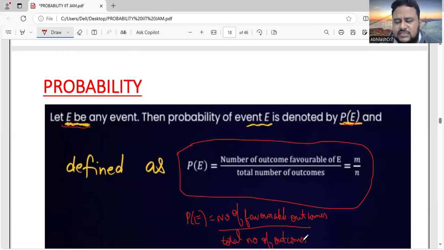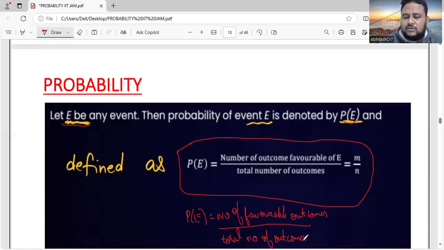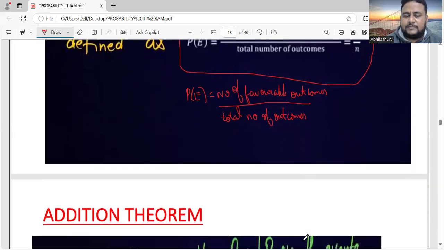The set of all possible outcomes, we learned, is the sample space. Number of favorable outcomes divided by total number of outcomes, that is probability. So that is the meaning of probability.